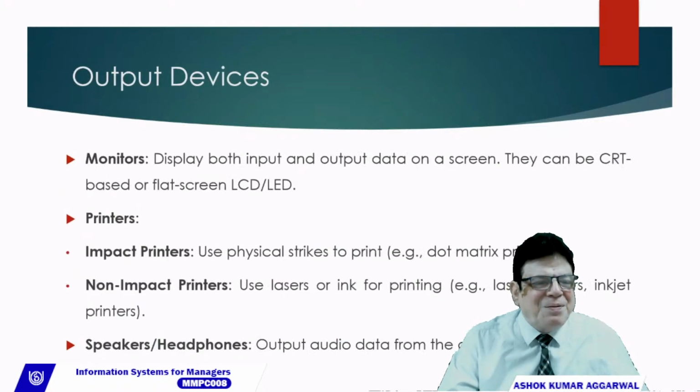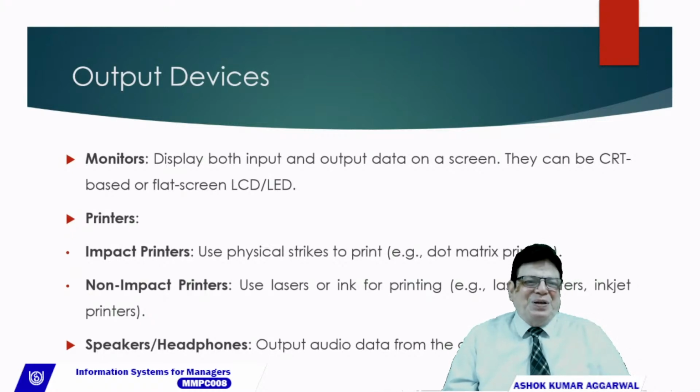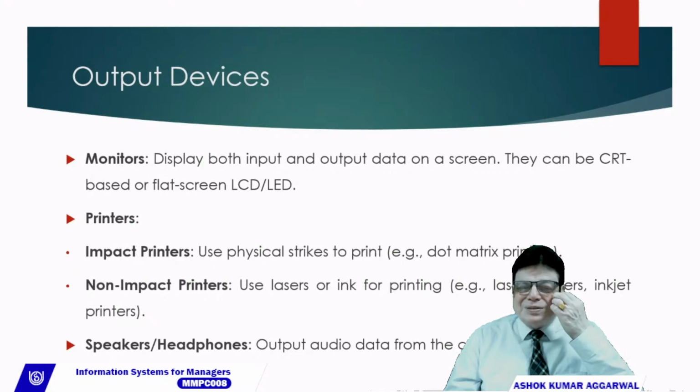Now, output devices. Monitors display both input and output data on the screen. They can be CRT based or flat screen, LCD, LED. Printers: impact printers use physical strikes to print, that is dot matrix printers.